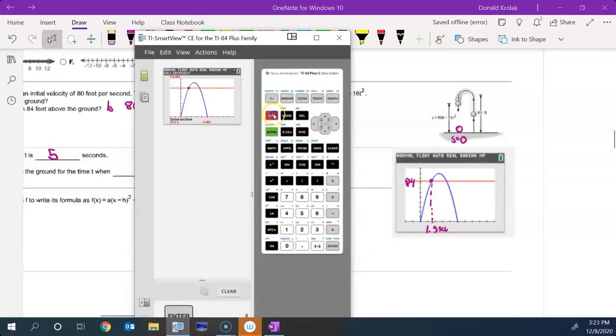So I go second, calculate, intersect, enter. First curve, second curve, move it over to where it intersects. Enter. And that is 3.584.